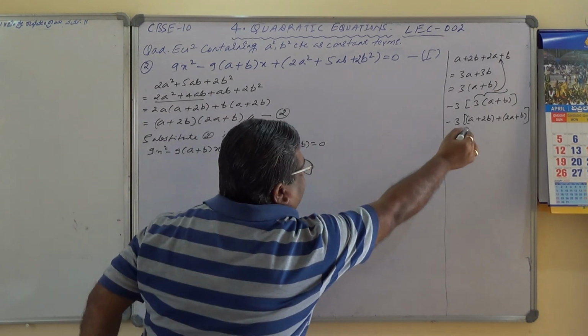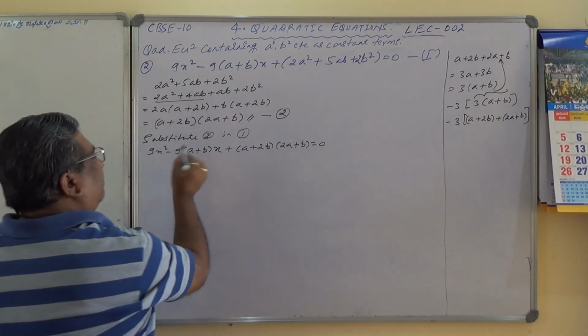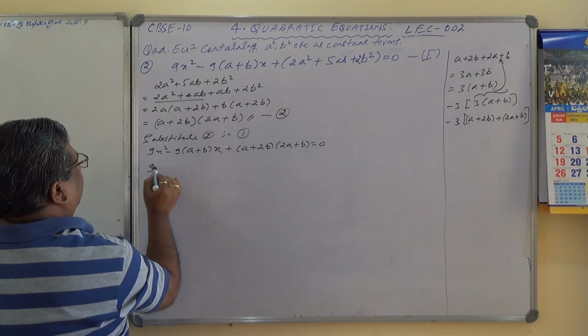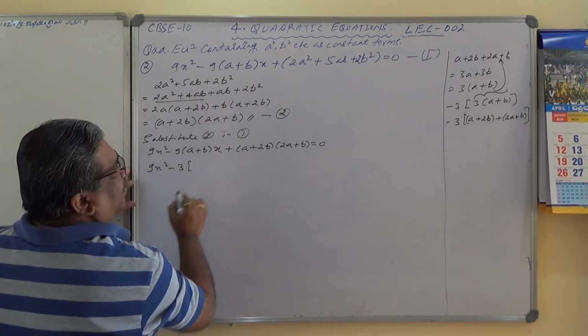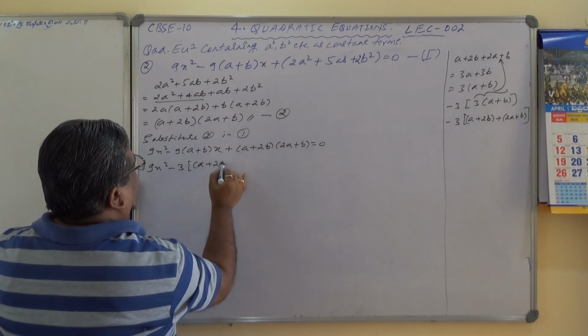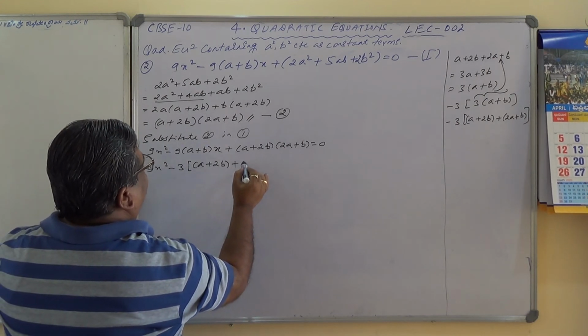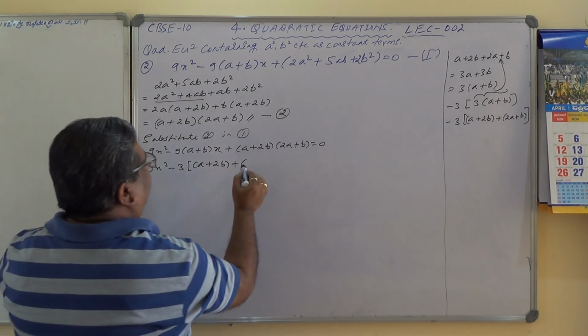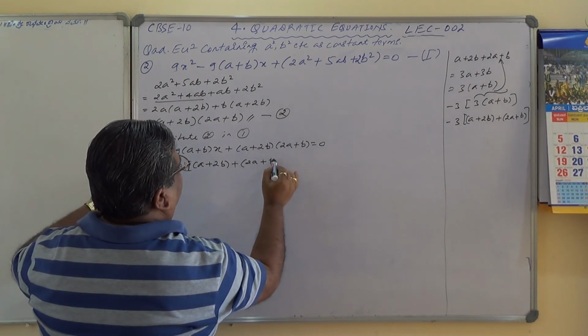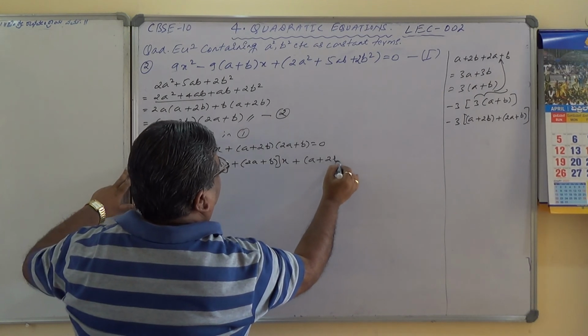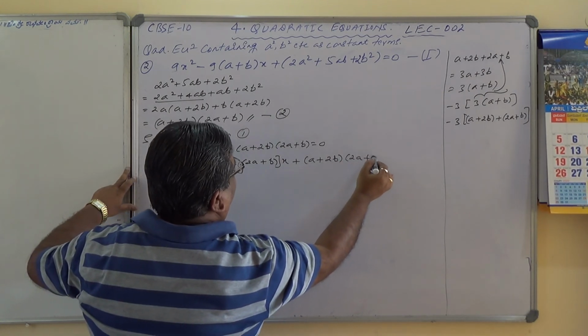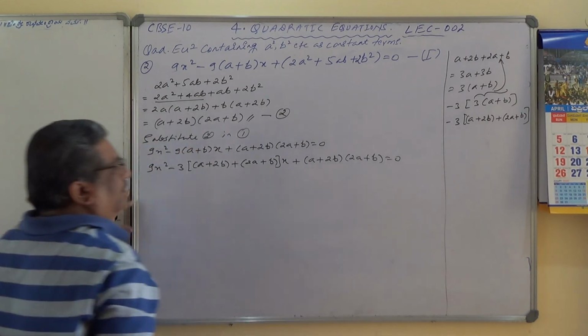So, this entire term is replaced here instead of minus 9. So, 9x square minus 3 times a plus 2b plus 2a plus b times x plus a plus 2b times 2a plus b equals 0.